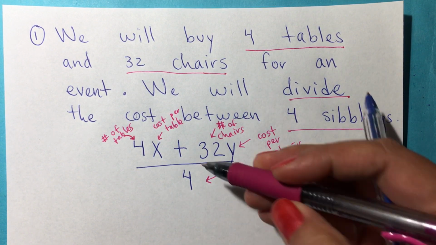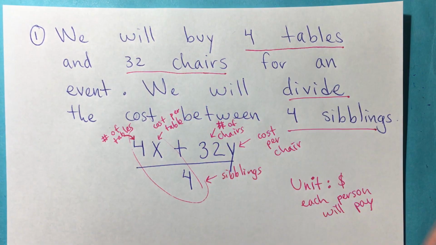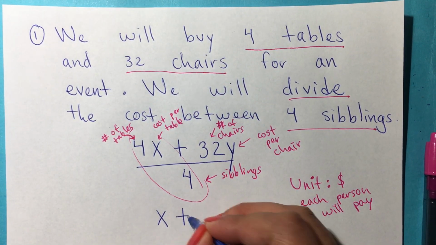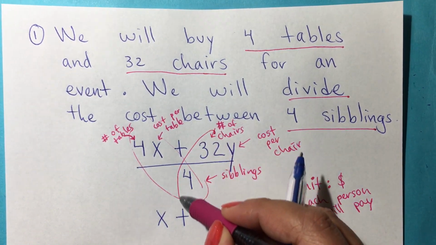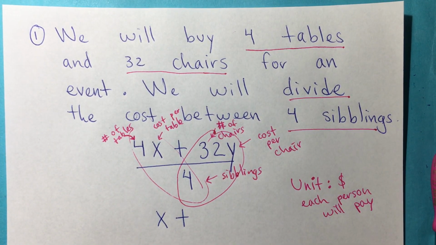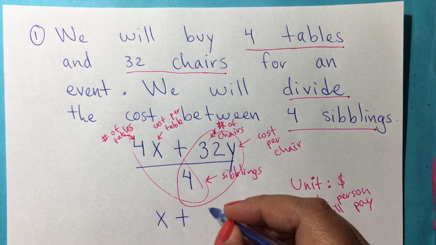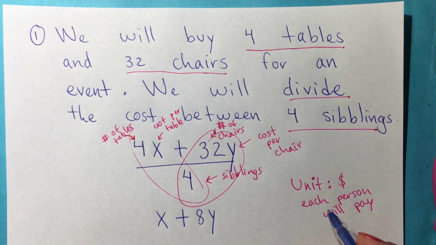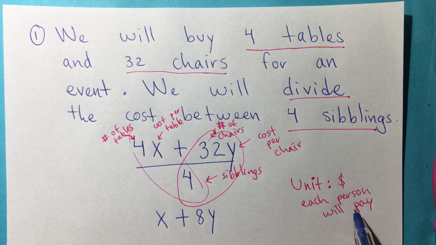And we have learned about the pretzel, right? So 4x divided by 4 is x, plus, then we do the other part of the pretzel, and 32y divided by 4 is 8y. What does this represent? That's the cost that each person will pay, each one of the siblings.